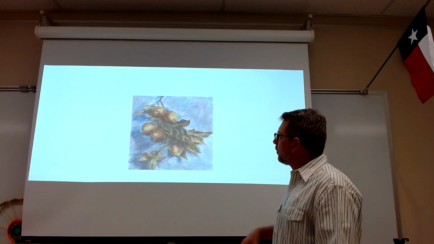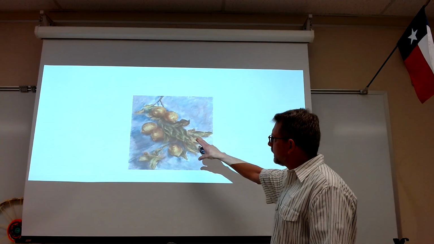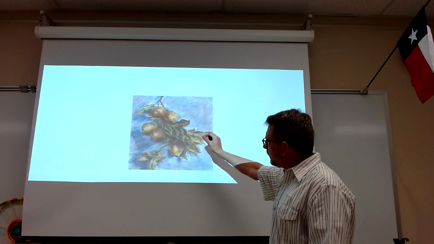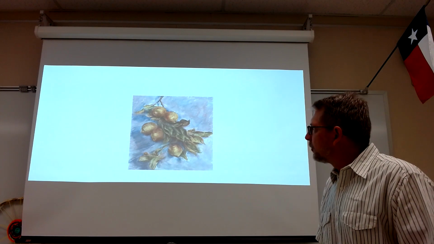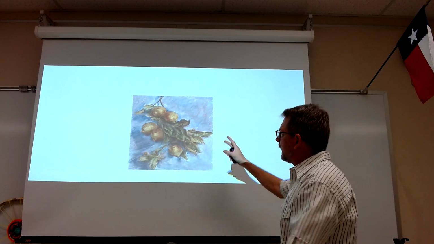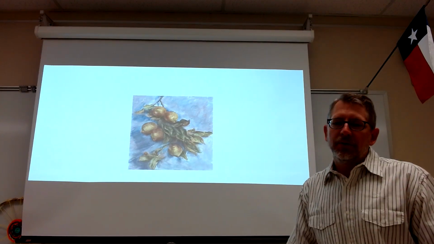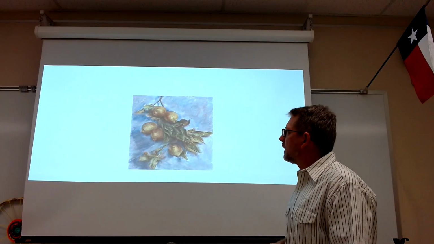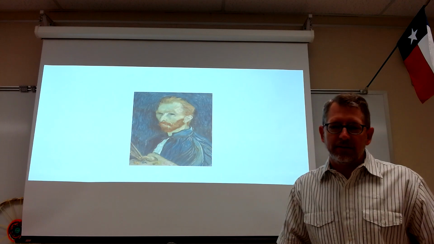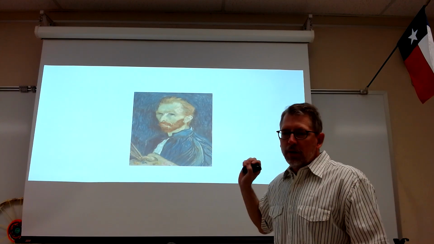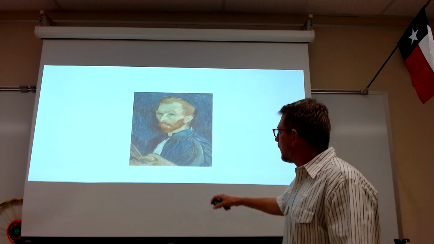Here's the same artist, Monet. He's painted some fruit and some leaves, and he's done it in a way that allows you to see not only the light that's hitting the fruit, but you can see the brush strokes. But what I want you to focus in on is portraits. This is a self-portrait of Van Gogh, who's another artist we'll probably be learning about soon.